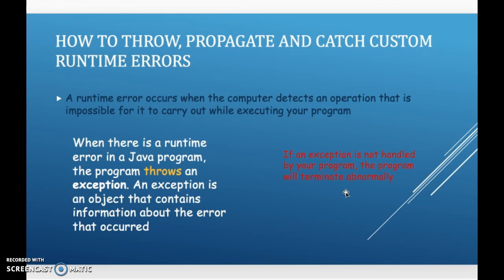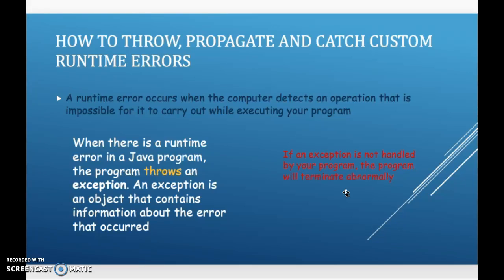Well, when you are coding, when you are doing your work, you will notice that not all your game or not all your code is working properly. A runtime error occurs when the computer detects an operation that it's impossible for it to carry out while executing your program. What happens when an exception is not handled by your program?